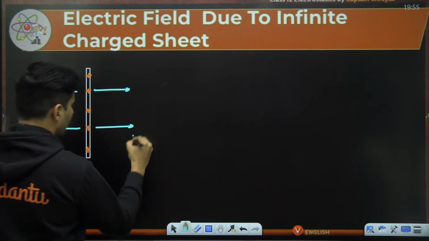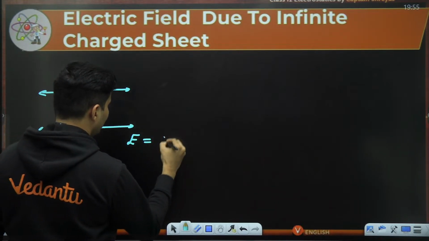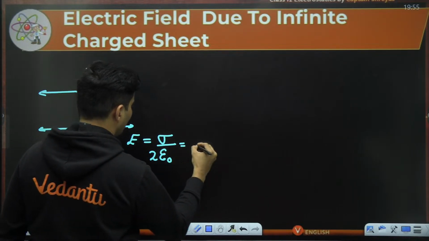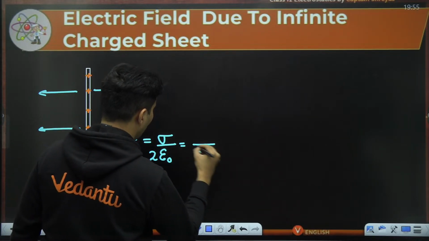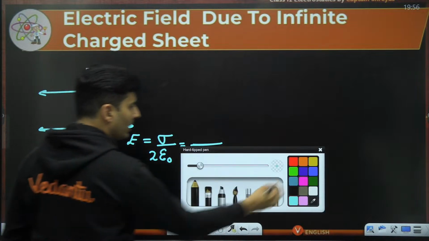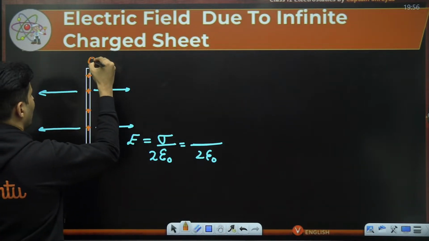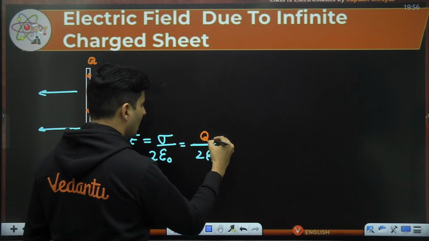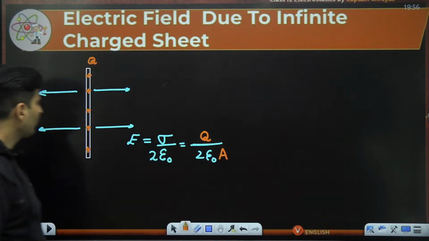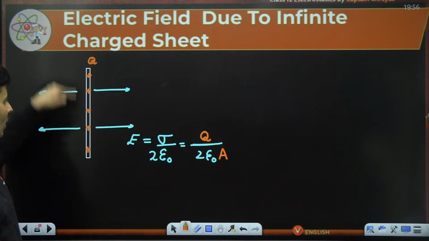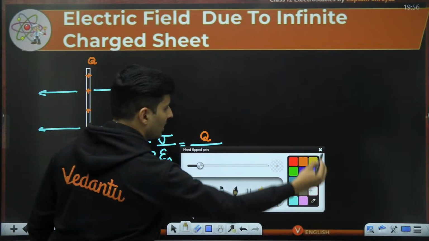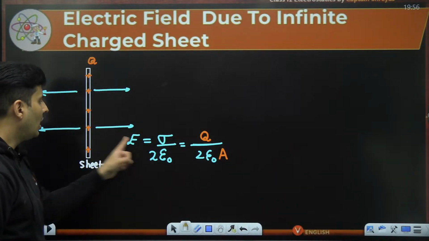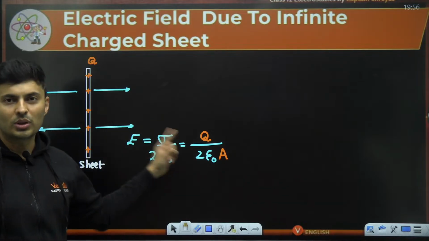The field will be sigma by 2 epsilon naught, and our sigma is the charge per unit area of that sheet. So there is a charge sheet over here. This will give me how much is the field on both the sides.